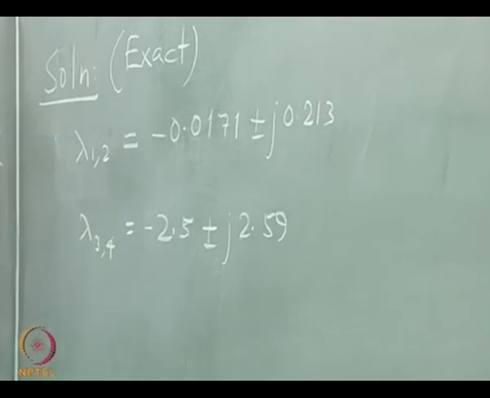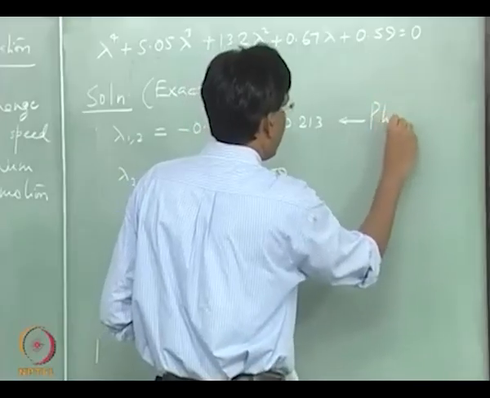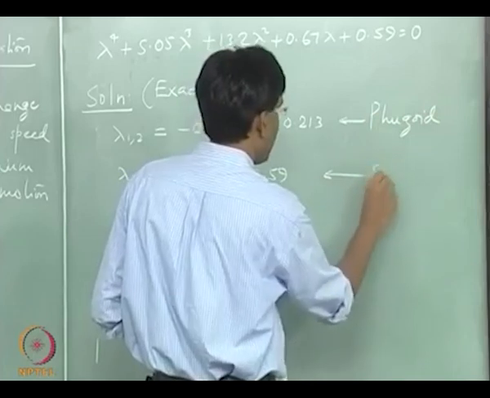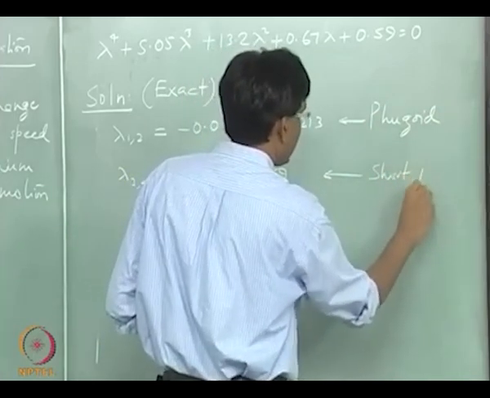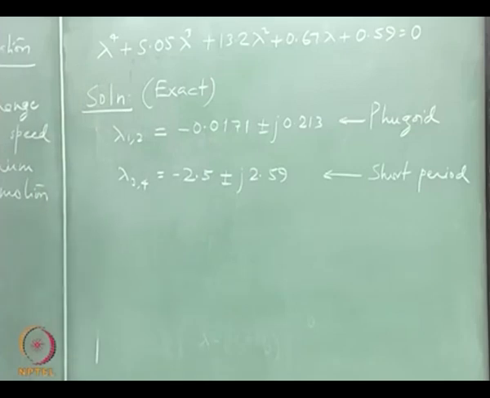So, by looking at the magnitude of these eigenvalues, I can say that this set corresponds to the phugoid mode and this corresponds to the short period mode.